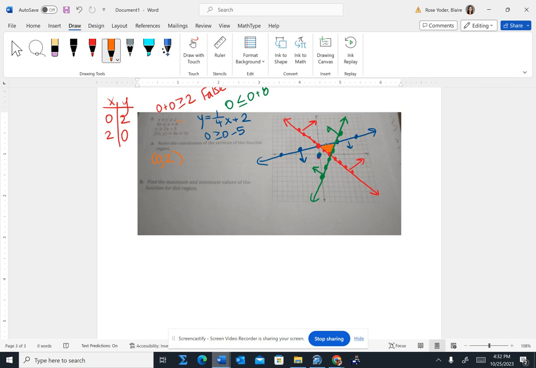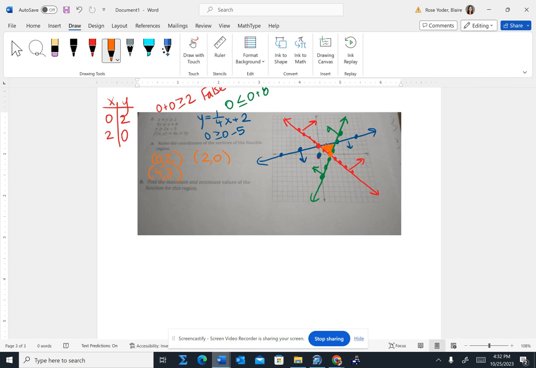And then the blue one, (4, 3). So 4 times 3 is 12. And then 4 plus 8 is also 12, so that is true. So (4, 3) lies on both of those lines, and then it looks like (2, 0), this final vertex over here.